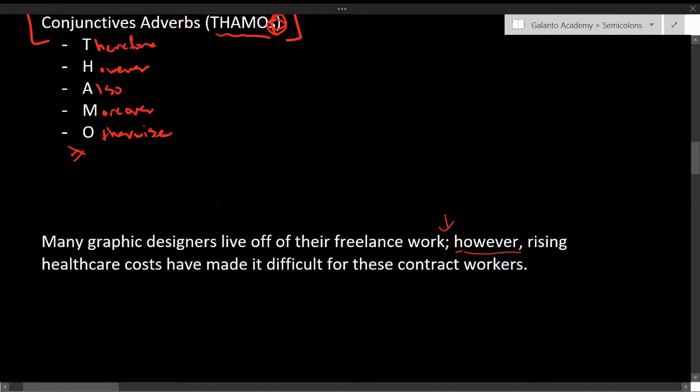Is that an independent clause? Yes. However, rising healthcare costs have made it difficult for these contract workers. Yep, that is also an independent clause. So we're good there too. And keep in mind, again, if a semicolon can be used there, then we should also be able to use a period there. And again, the subject is closely related.